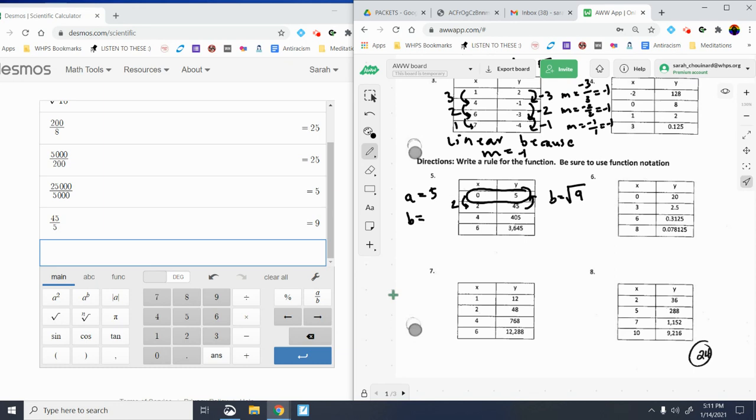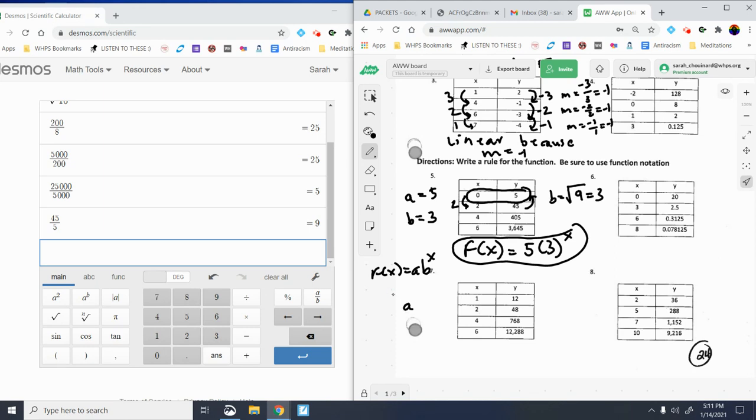So I'm going to take the square root of 9, which is 3. So b is 3. I would get that if I did the same process with the rest of them, but I know it's going to be exponential, so I'm just going to leave it. So 5 times 3 to the x power is my function, because I'm filling the parameters into the formula for an exponential, which is a times b to the x.